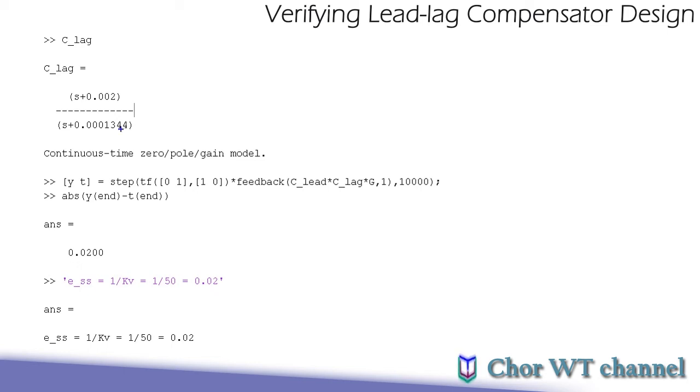Instead of just typing the step response of the feedback transfer function with the lead and lag, we additionally add an integrator 1/s into the system so that the step response is integrated to form a ramp response. The ramp response goes through the feedback system, and here I specify the end time of the simulation.